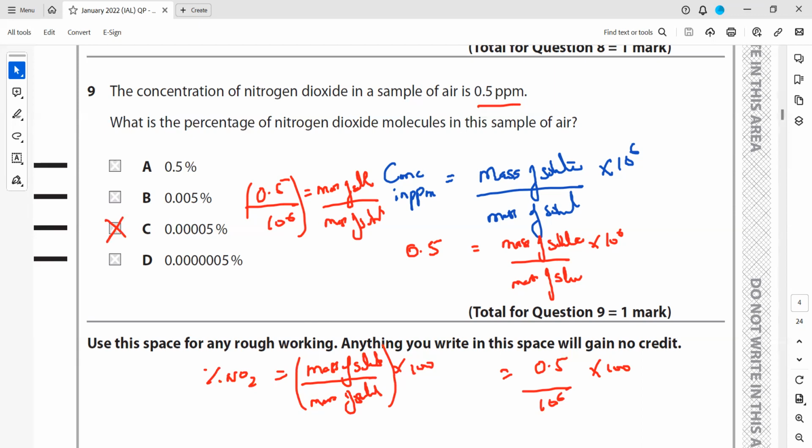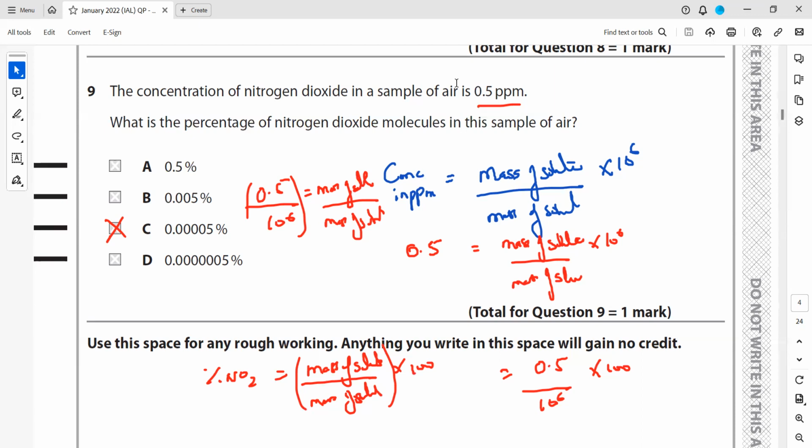Is it clear how we converted the concentration in ppm to the percentage?